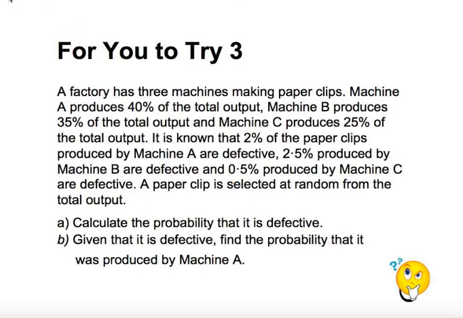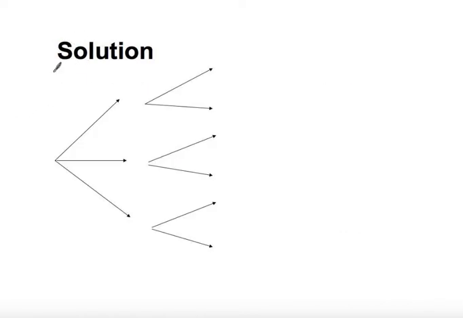Okay, welcome back. So let's have a look at this question. So 2 stages again. First stage is going to be the machine. We're going to have to use some different notation for this because we've got 3 machines.